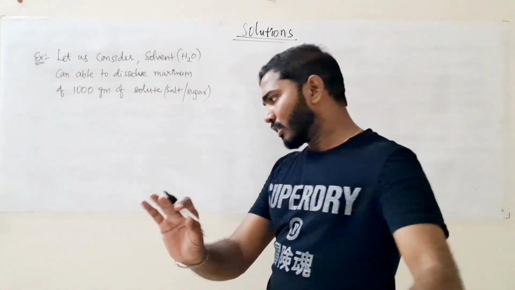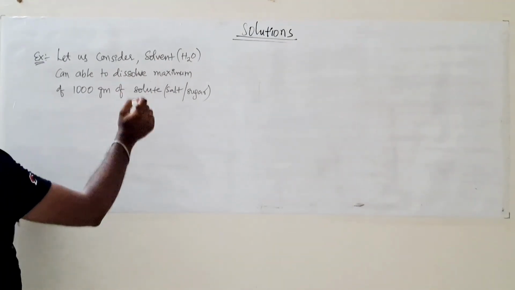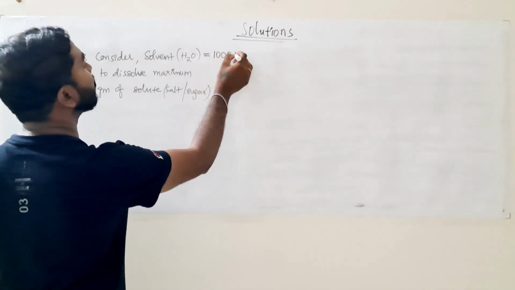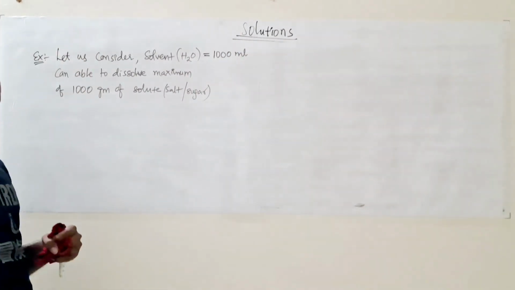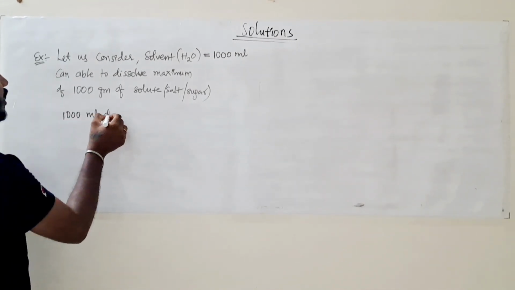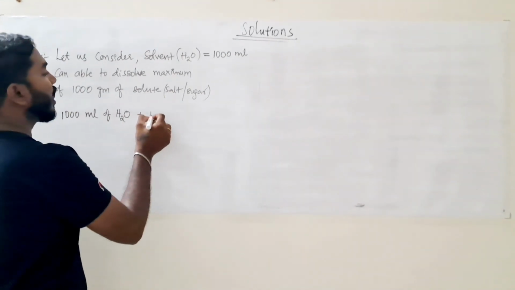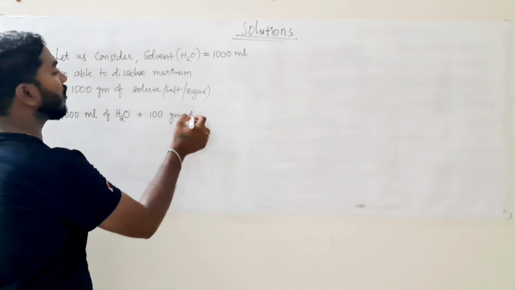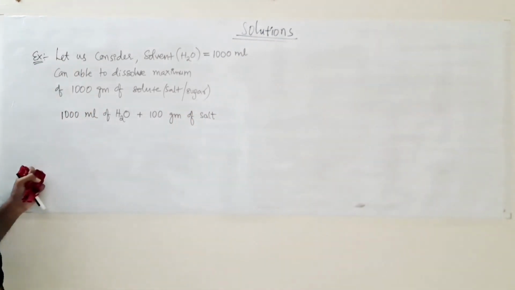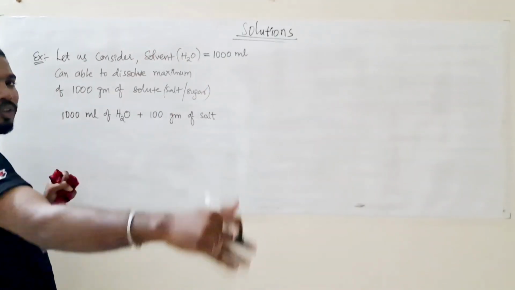Hope it is clear. Let me take this water as 1000 ml. For 1000 ml of water, I am taking 100 grams of salt. What type of solution is it? Be ready with your answers.